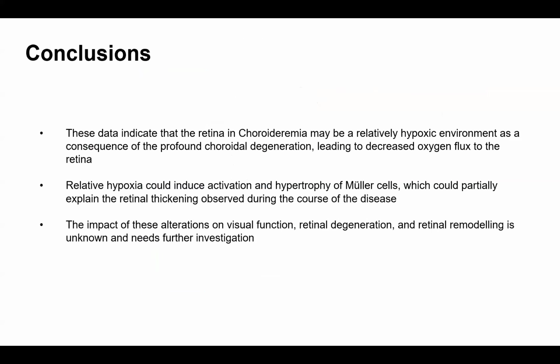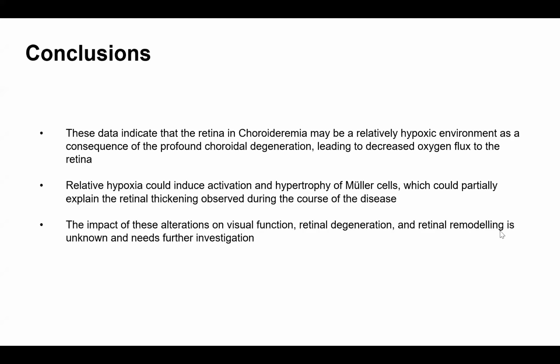So what are the conclusions that we got from this analysis? Once again, this is the first time that these parameters are measured in choroideremia. It's a kind of pilot study on this aspect of retinal metabolism.